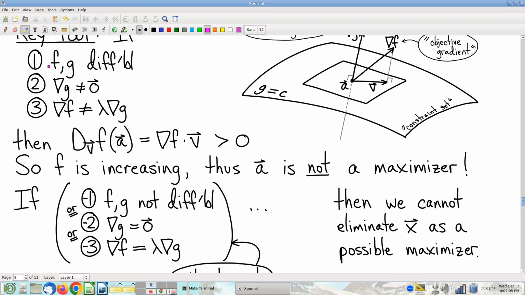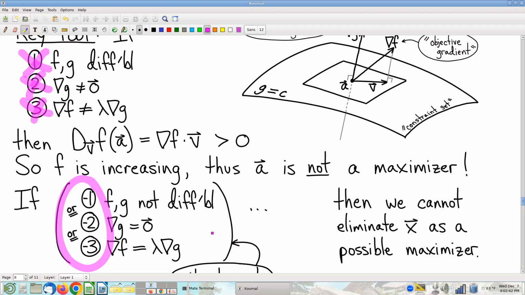So if you want one or the other of these to fail, then you need one of these three things to happen. Either one of those functions fails to be differentiable, or the constraint gradient is zero, or the objective gradient is a multiple of the constraint gradient.